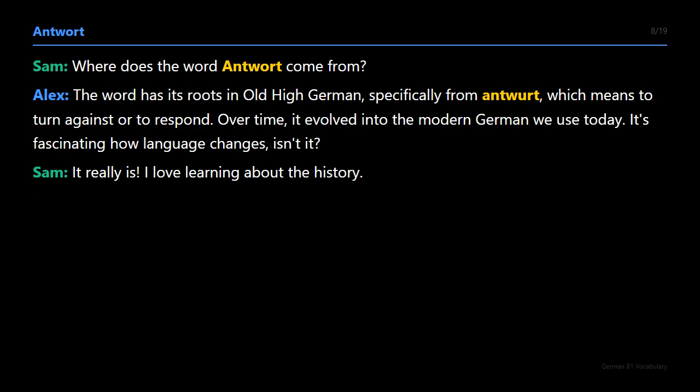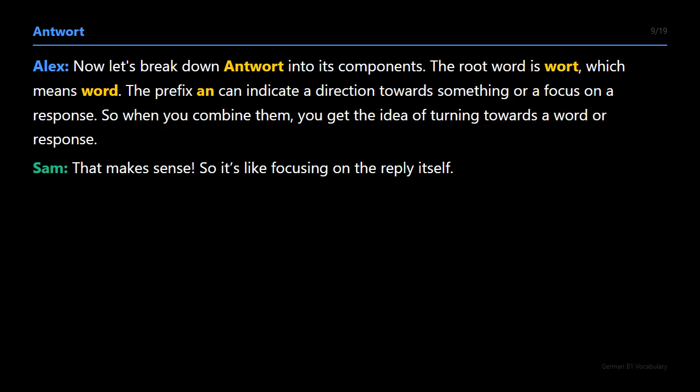Now let's break down Antwort into its components. The root word is Wort, which means word. The prefix can indicate a direction towards something or a focus on a response. So when you combine them, you get the idea of turning towards a word or response. That makes sense.